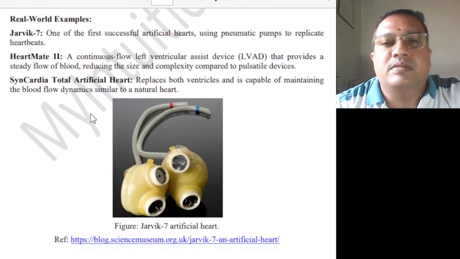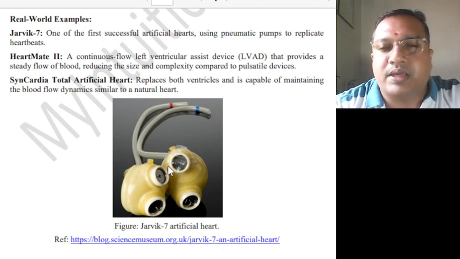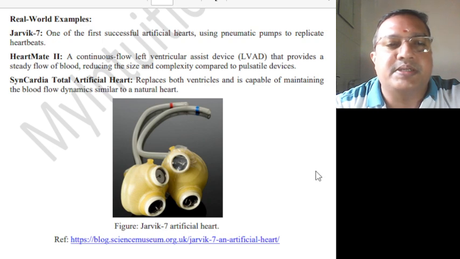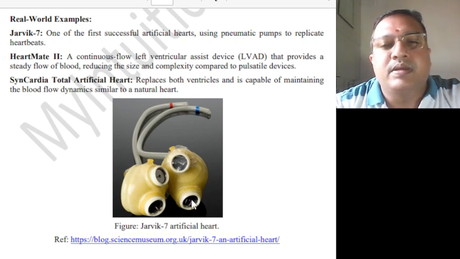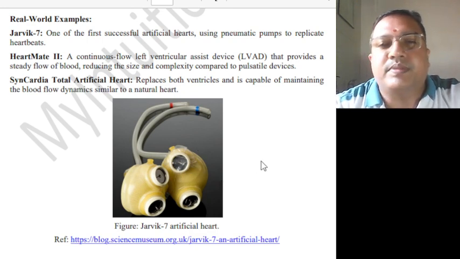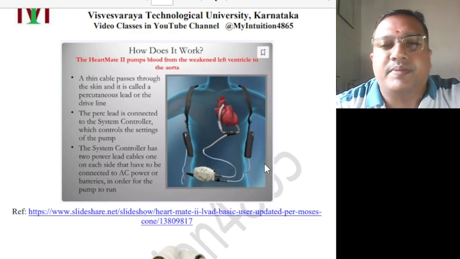That is about it. Then real-world examples, say the Jarvik 7, one example given; how it works, the mechanism, everything is available on this particular website. I took only the image to show you how they made the artificial heart.